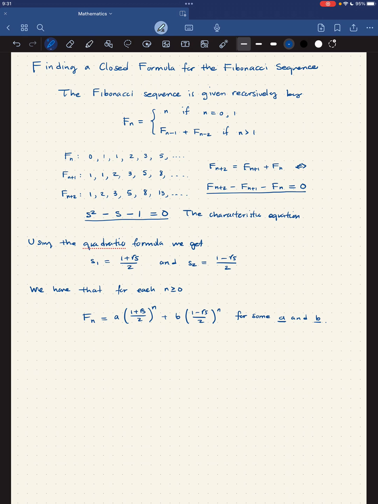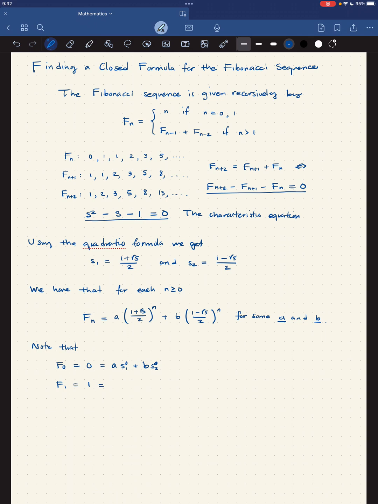So now the only thing we have to do is to find this a and b. Look, we have two unknowns, so what we can do is to obtain two non-equivalent equations relating these two unknown quantities. How can we do that? Note that f of 0 is equal to 0, f of 1 is equal to 1. But this in turn must be equal to a times s1 to the power of 0 plus b times s2 to the power of 0.